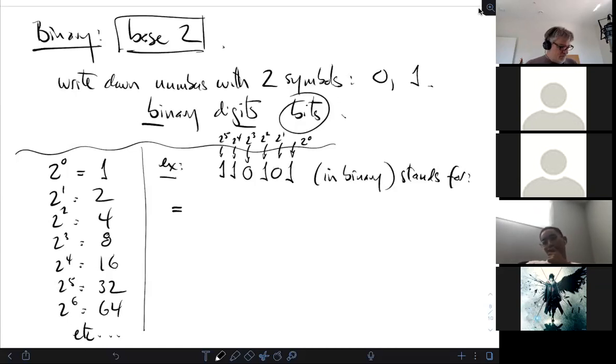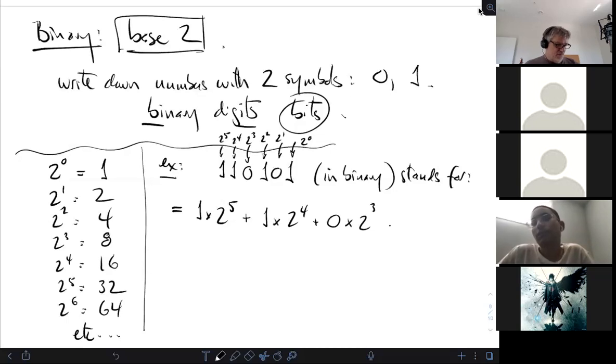So this is 1 times 2 power 5 plus 1 times 2 power 4 plus 0 times 2 power 3 plus 1 times 2 power 2, plus 0 times 2 power 1 plus 1 times 2 power 0.